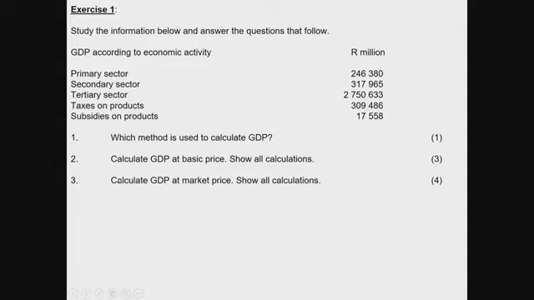Right, question number 3 says, calculate GDP at market price and show all calculations once again. That one was for 3 marks, and the way that you would get those 3 marks is obviously 2 marks for your final answer and 1 mark for having these 3 totals adding correctly.